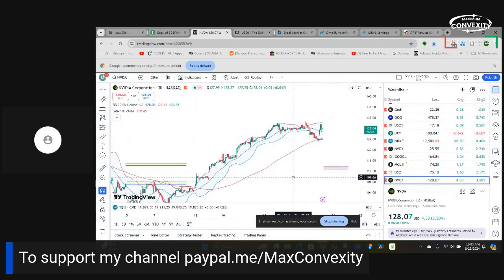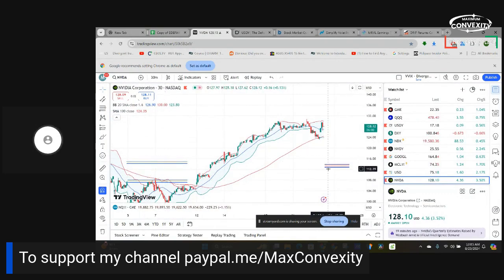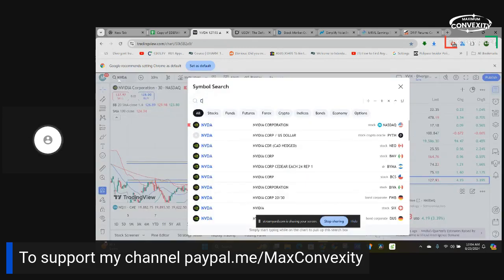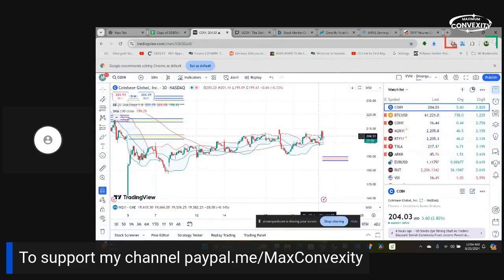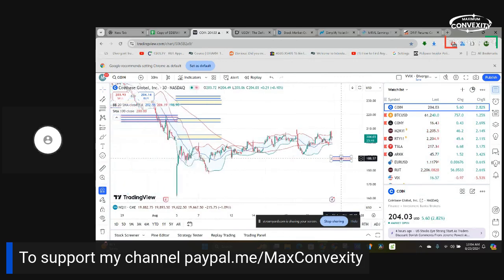Coinbase and NVIDIA both have inverse funds, and I put the profit boxes on here. I'm going to start tracking those funds as well. They're both well out of the money. Neither of them have anything to worry about. And then starting next week, I'm also going to track the bullish funds as well again.